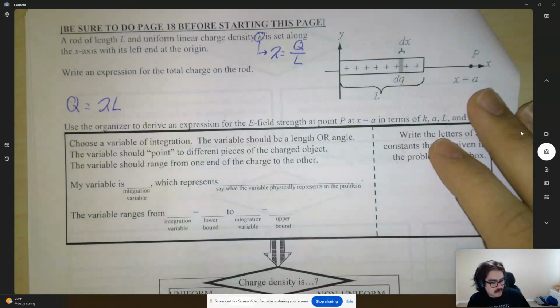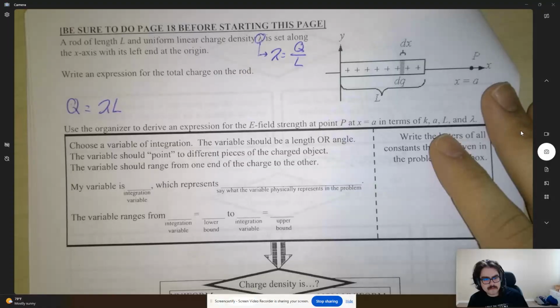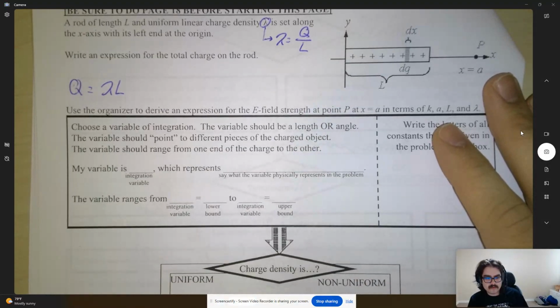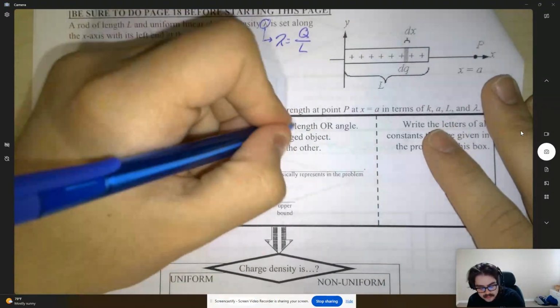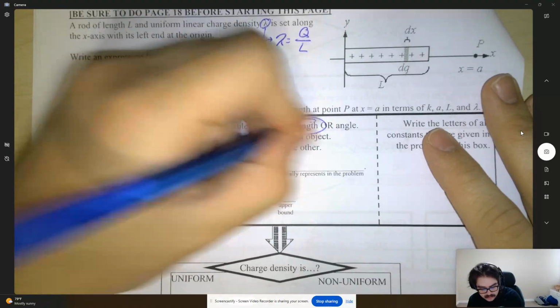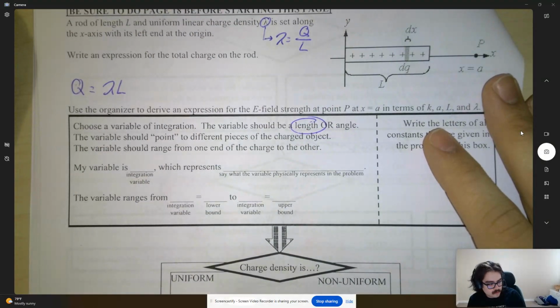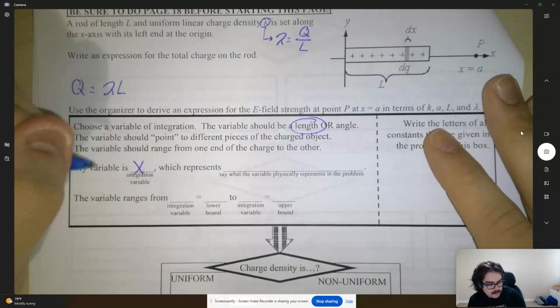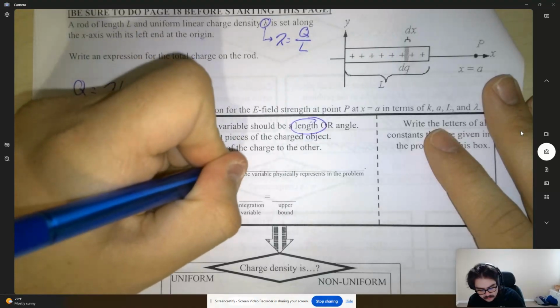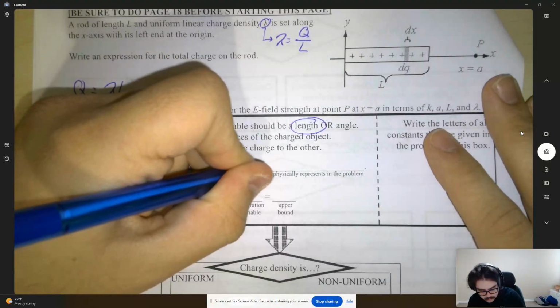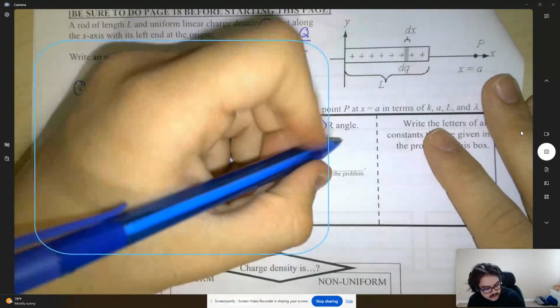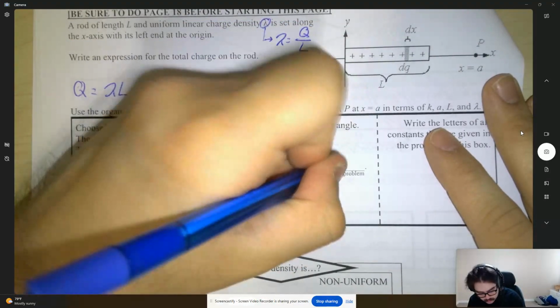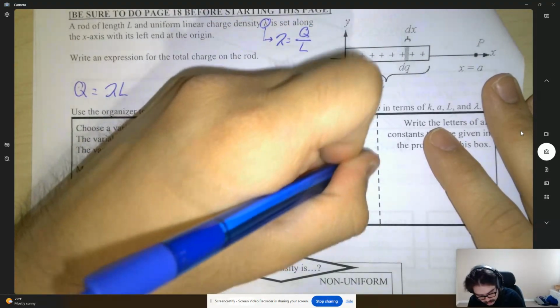Okay, choose a variable of integration. The variable should be a length or angle. In this case, it's most appropriate to use a length. So my variable is going to be x, and that's going to represent the x coordinate of each piece, dq.